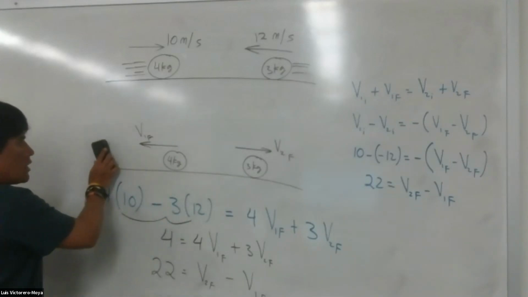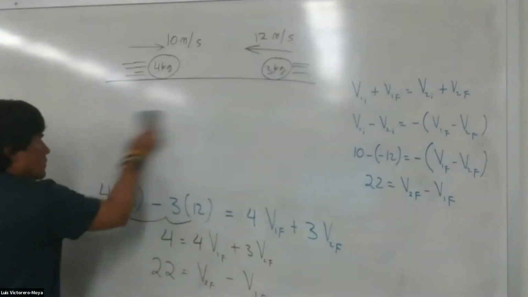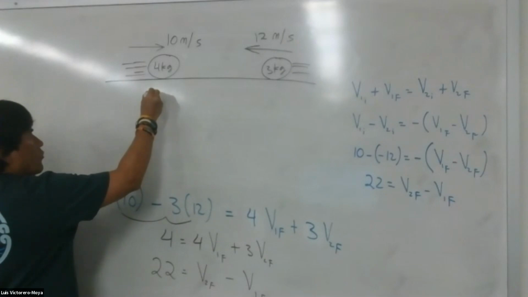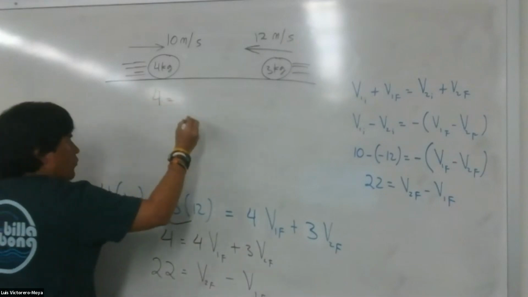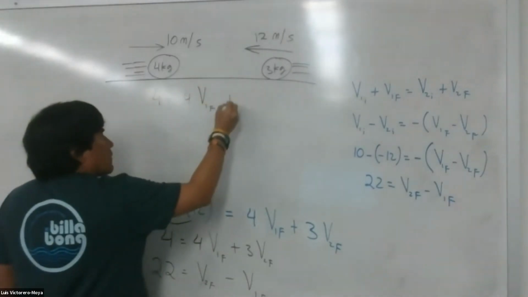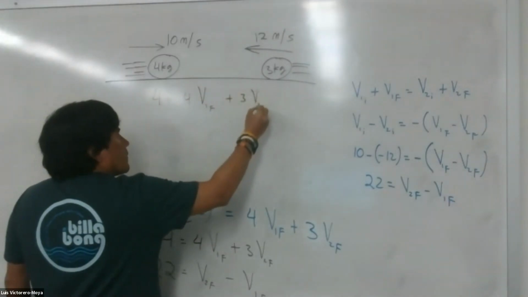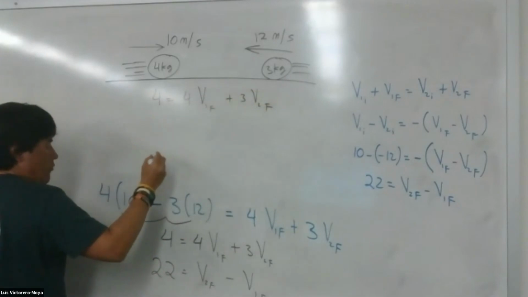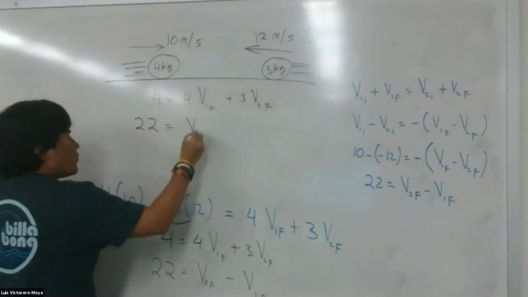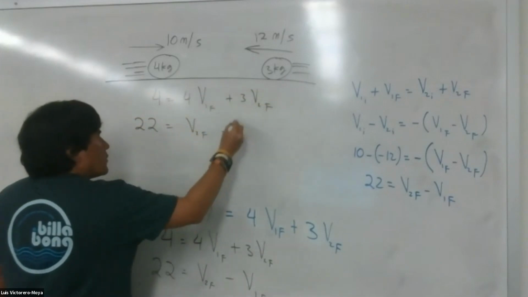Let's finish it here now. 4 equals 4 V1 final plus 3 V2 final, and here I have 22 equals V2 final minus V1 final.